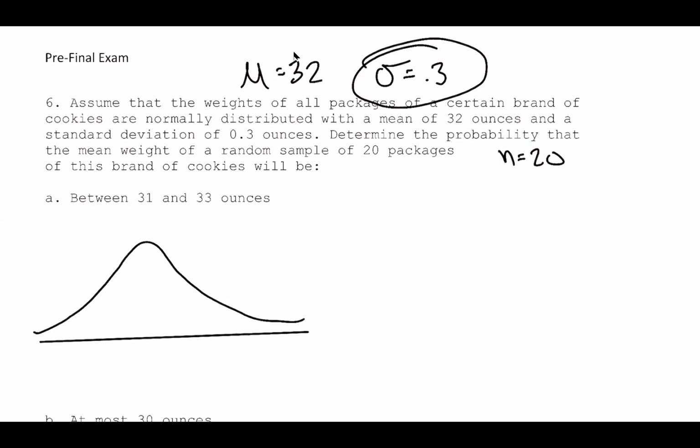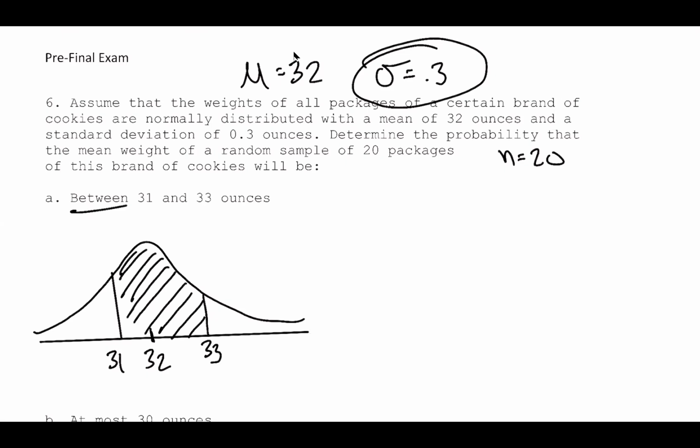So let's do A. For A, we have 32 in the middle. You put 31 on the left of that, and then you put 33 to the right of that. And then you shade in the middle because it says between.